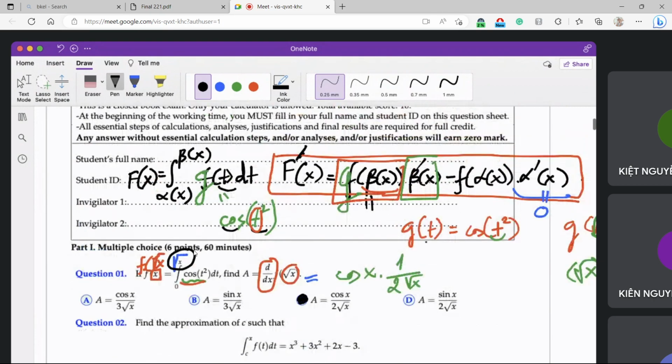So what is it? What is our function f is not given?